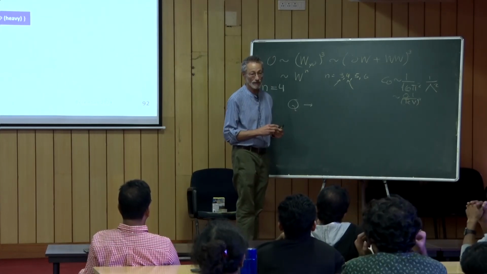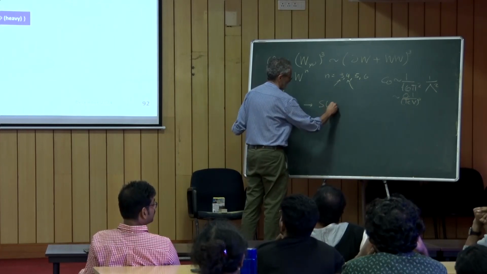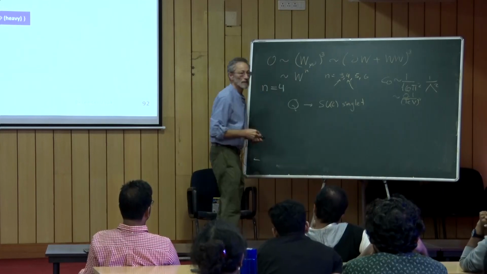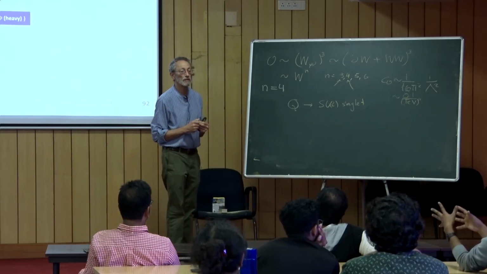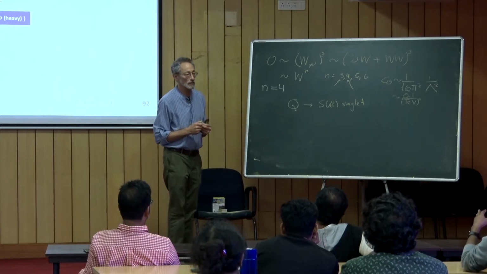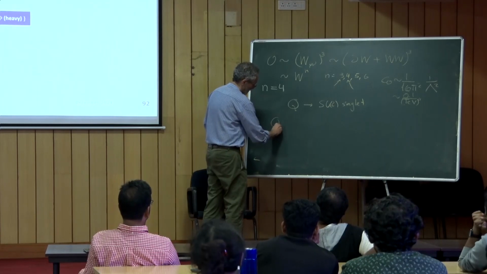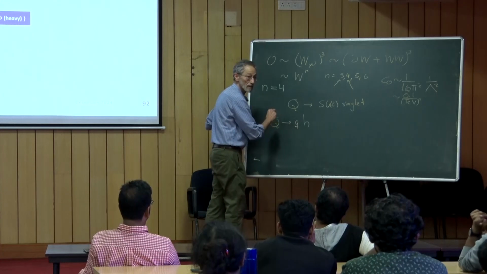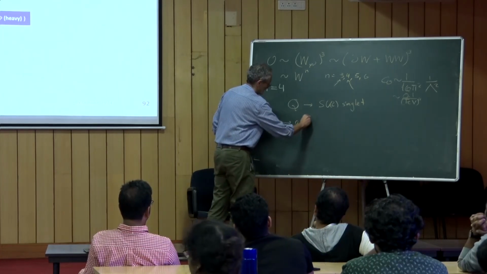No, vector-like singlet. And it has a vertex, because I know the decay, it goes to a light quark and a standard model gauge boson, let's say Z. Okay, so what you want is this Q goes into a light quark and a standard model gauge boson, let's say a Z.